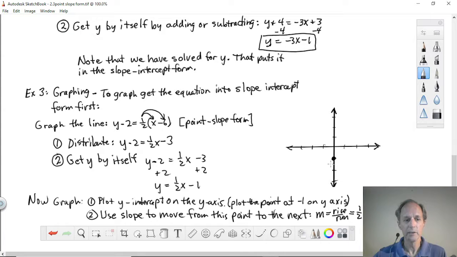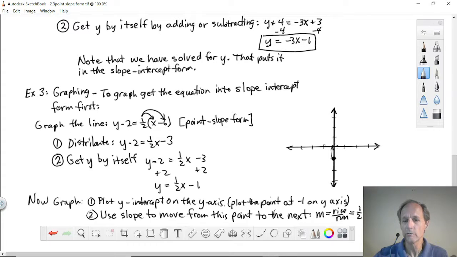And then we're going to use the slope to move from this point to the next. And the slope is 1/2. So that's the rise over run. So the rise is 1, so we go up 1. I'll draw a little arrow there. Up 1. And the run is 2.